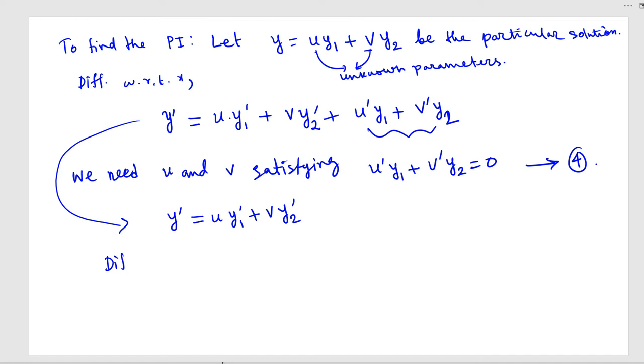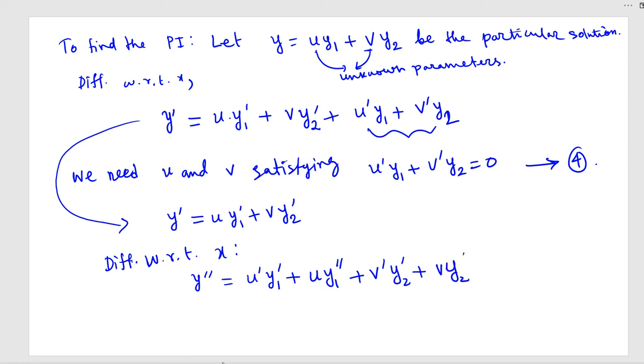Now again if you differentiate with respect to x, then we will get y double dash equals to u dash y1 dash plus u into y1 double dash plus v dash y2 dash plus v into y2 double dash.